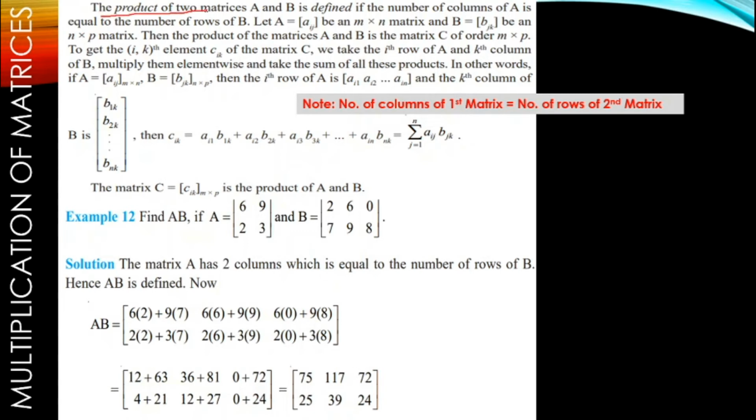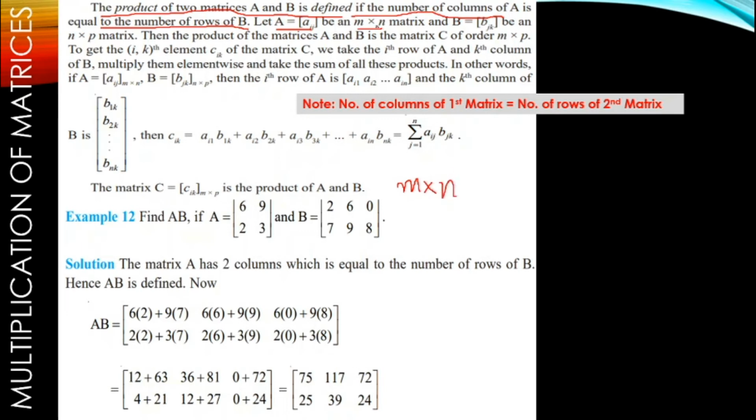The product of two matrices A and B is defined if the number of columns of A is equal to the number of rows of B. In simple words, if you have a matrix A, its order is m by n. What is the order? M by n.